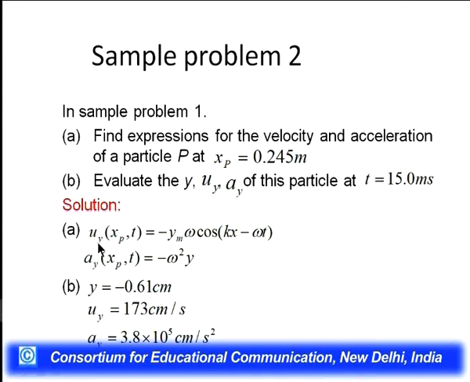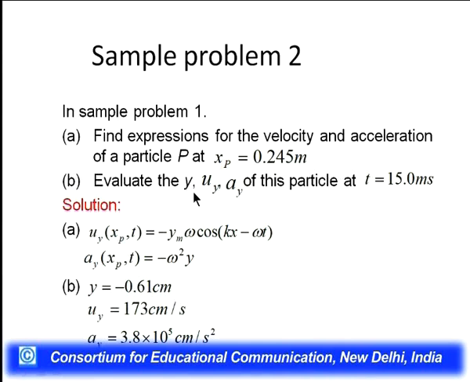Now, we know that uy, as we already solved, for the particle P at xp and t is defined as uy = -ym ω cos(kx - ωt). Now, acceleration will be defined as ay(xp, t), which is a function of displacement and time, equal to -ω² y.